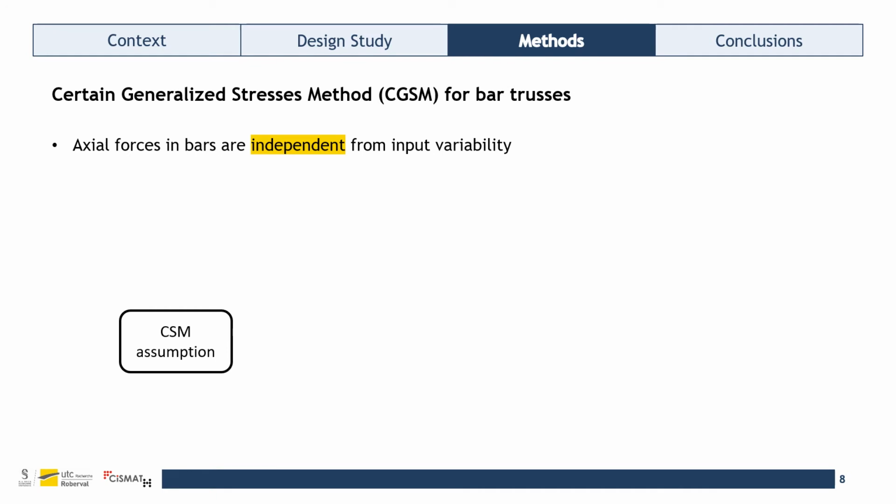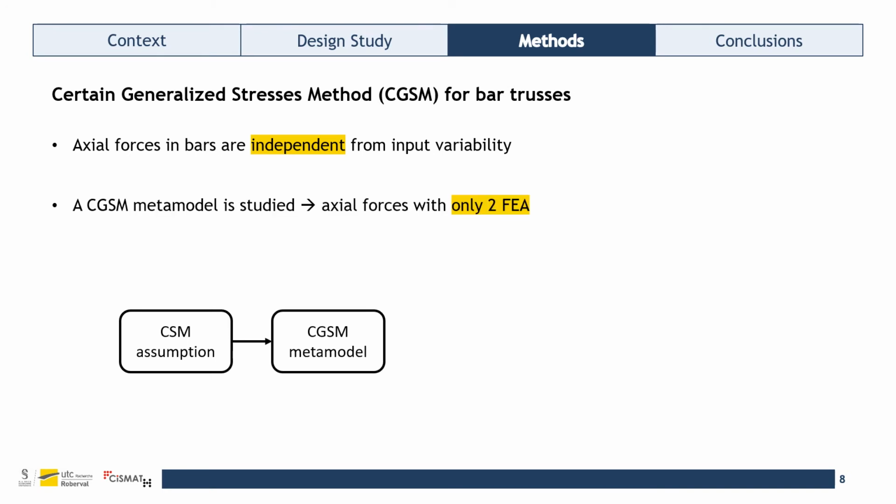Due to this assumption, it is possible to create a CGSM metamodel, and instead of studying the whole structure, only the CGSM metamodel is studied. As a result, only two finite element analyses are needed to obtain the nominal axial forces in all bars.